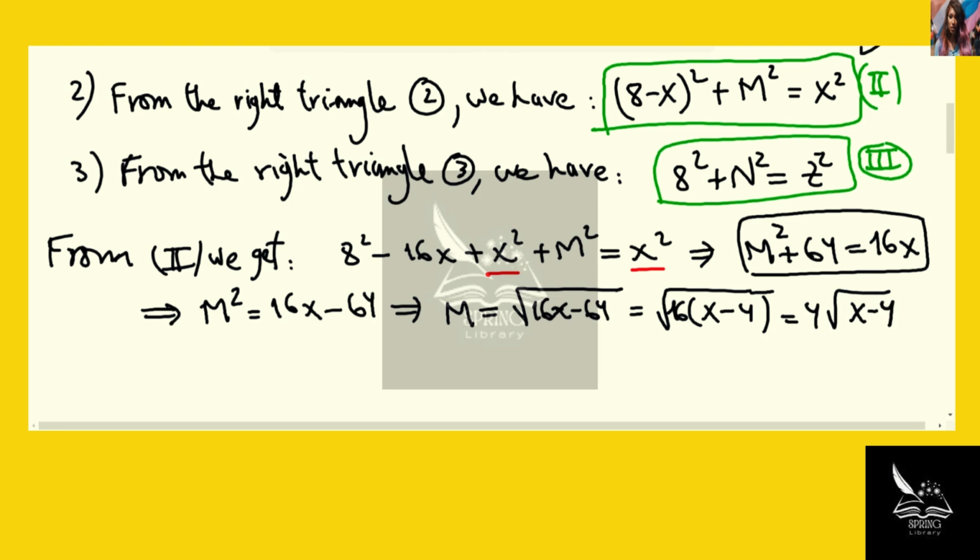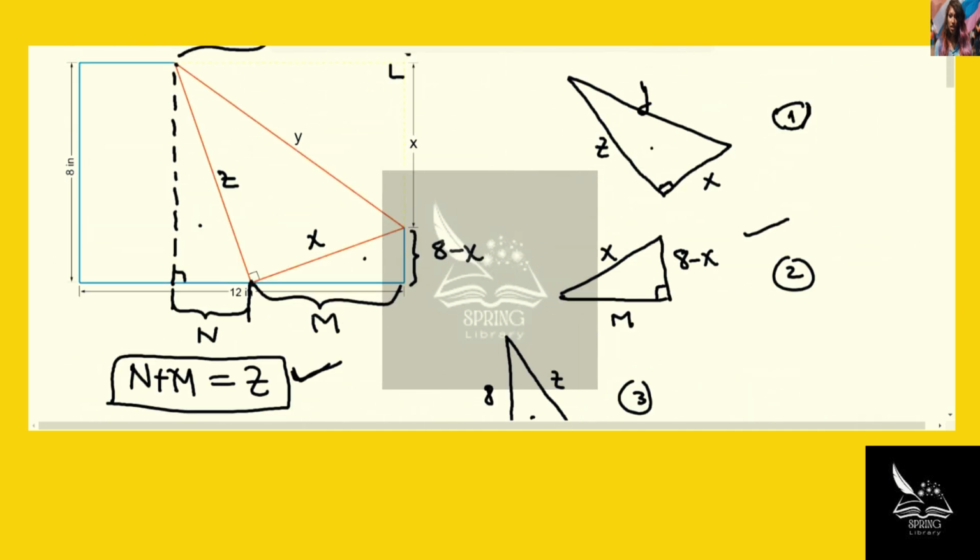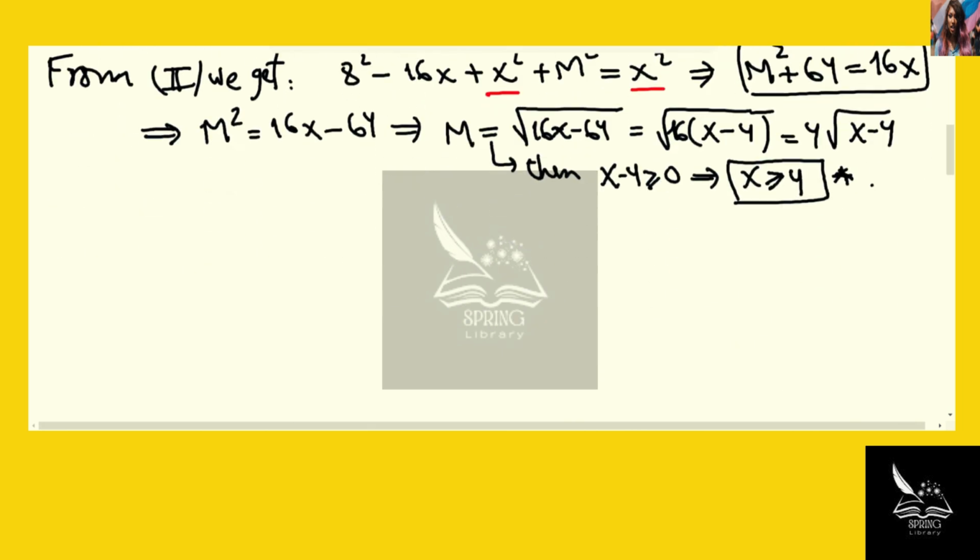And in order to do this, we impose the condition that x minus 4 is positive or 0, so x minus 4 is greater than or equal to 0, that is x is at least 4. That's a very important condition. That is, we cannot do this with x less than 4. If we do, we won't have a geometrically possible figure.